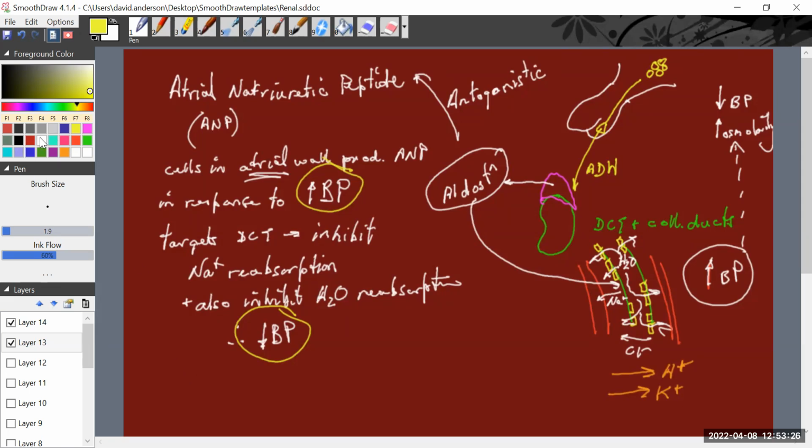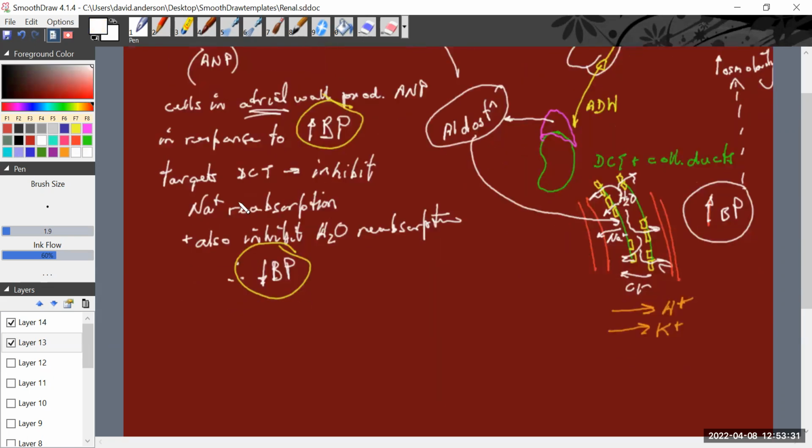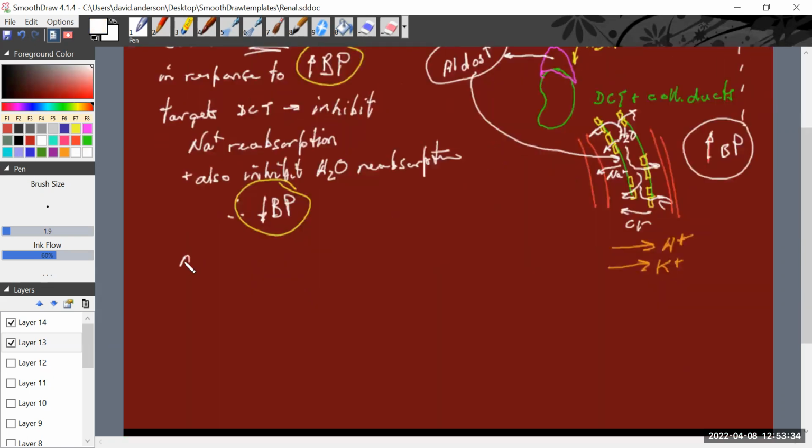Now, the other thing, this will be a little test for you. ANP also increases permeability of the blood vessel that's inside that glomerular capsule. It increases the permeability of the glomerulus.